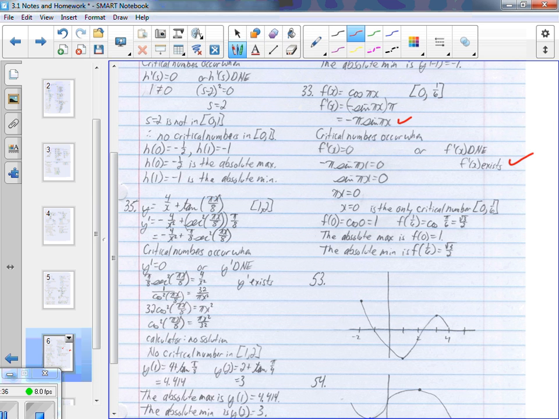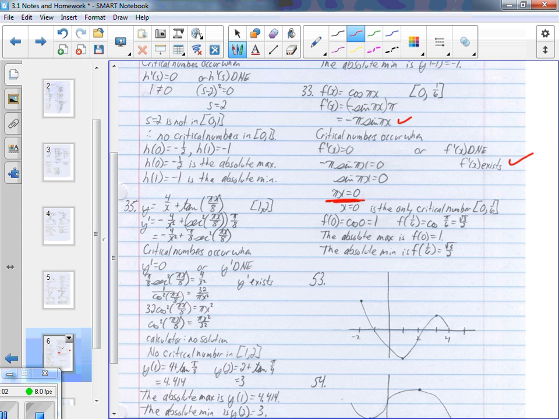So set the theta, pi x, equal to 0. Just unit circle. Okay? When is the sine equal to 0? When the theta is 0. All right? No need to go around the unit circle more than once. You're just going from 0 to 1/6. Okay? So 0 is the only critical number. Now, 0 is also an end point.